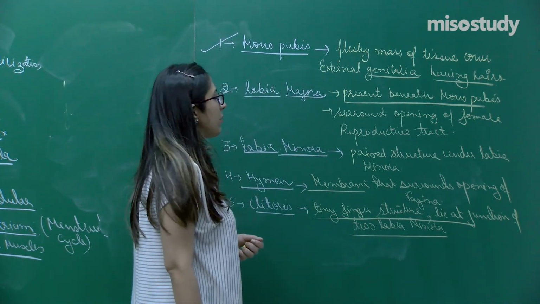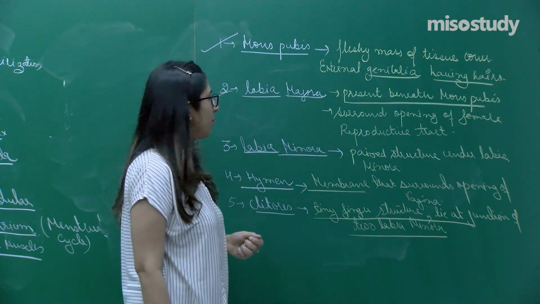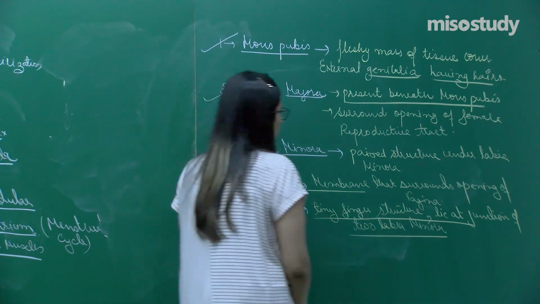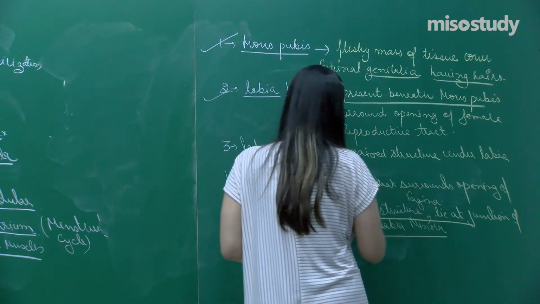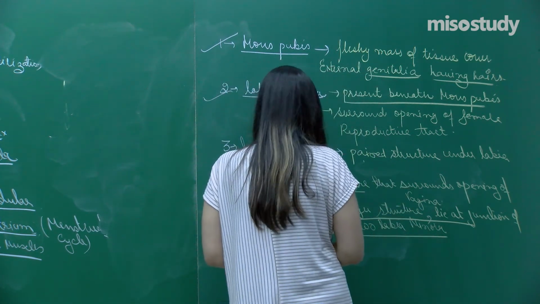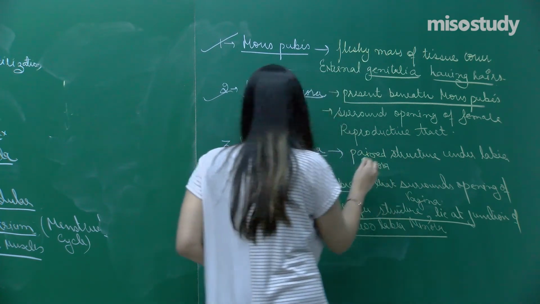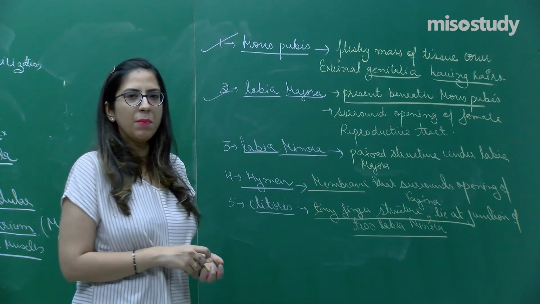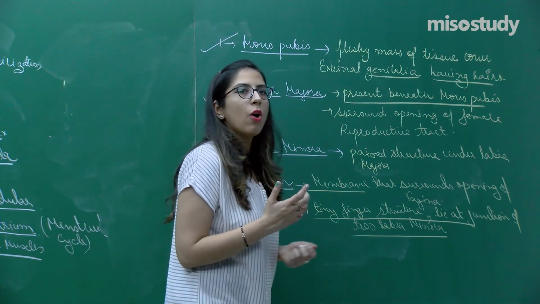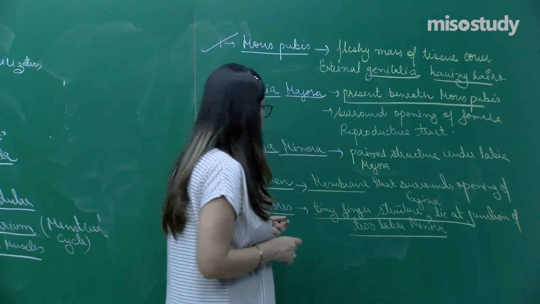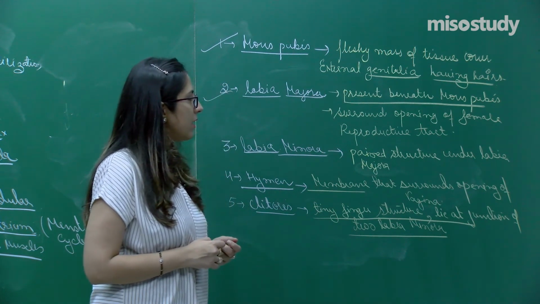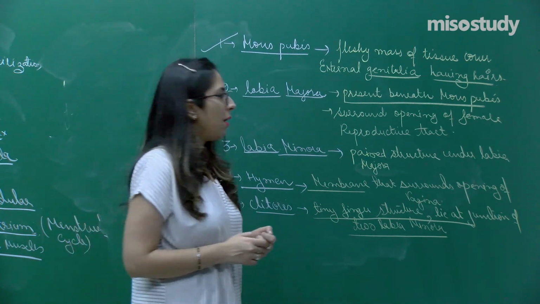Labia minora is a paired structure under, sorry, this is under labia majora. After that, the hymen region is present, which is a membranous structure which covers the opening of the vagina. Clitoris is a tiny finger-like structure that lies at the junction of two labia minora.